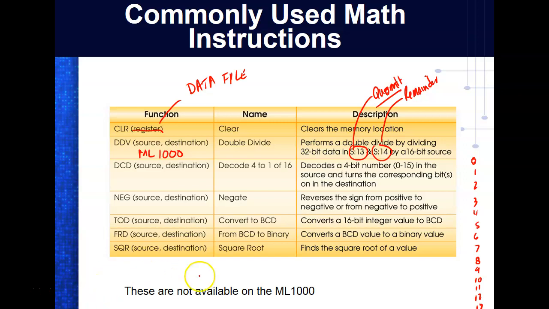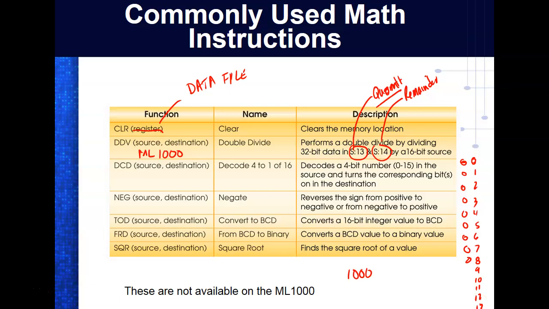And I run out of space. So let's say I came over here and I had 14. That would be a 4-bit number. And all these bits right here would be set to 0, and bit 14 would be set to a 1.